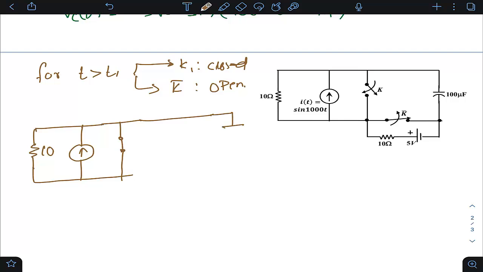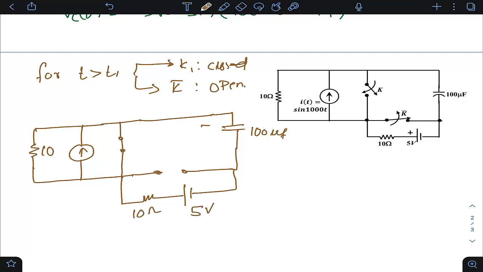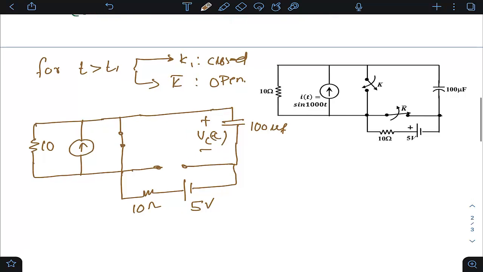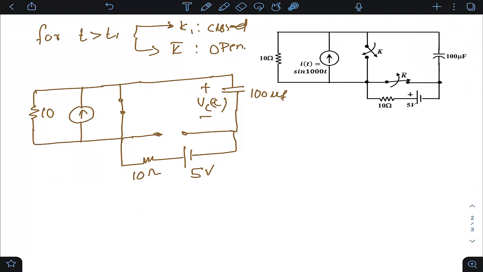This is your 100 microfarad capacitor, and this switch is like an open circuit, and now you have this 10 ohm in series with this 5 volts. And this is what my VC(t) is. So now you see, students, this is a shorted path, and this shorted path is in parallel with this one.